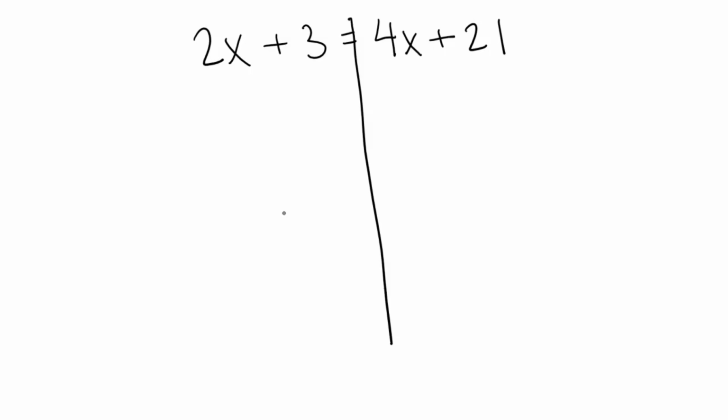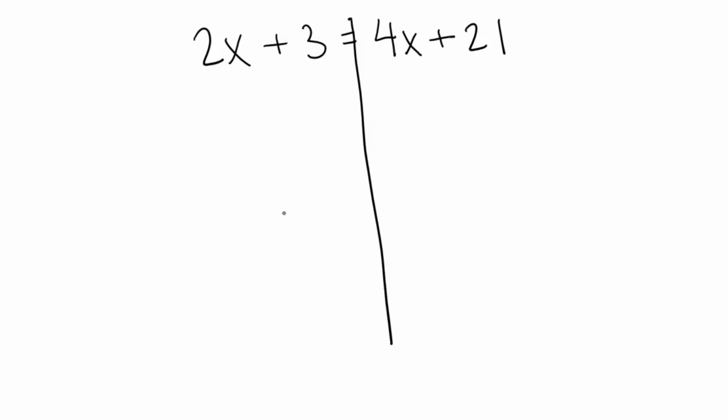Normally I like my x's on the left side, but on this one, I'm going to move them to the right side. It doesn't matter. You can do whatever you want. You can have your x's on the left side. The only reason I'm choosing to do that is to keep my numbers positive, just because positive numbers are nice. But if you want to move it to the left side, you absolutely can.